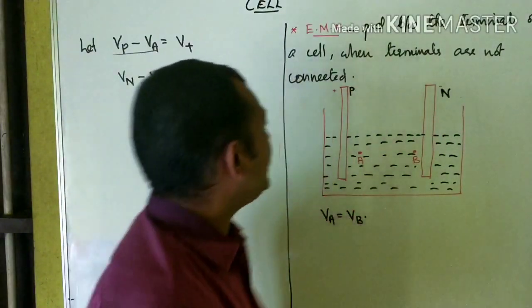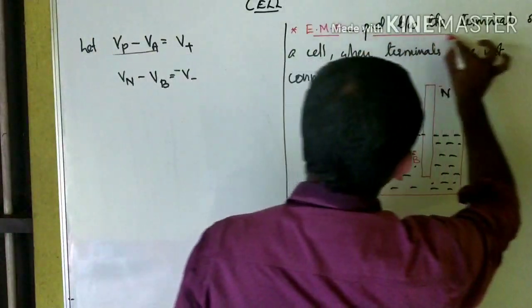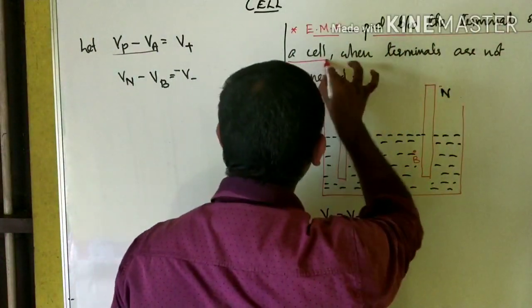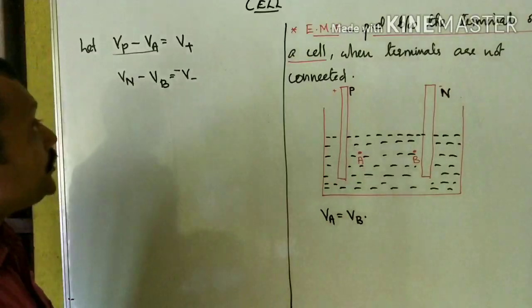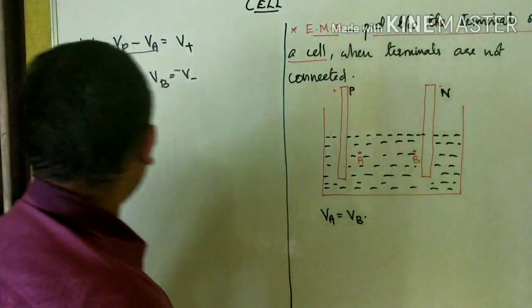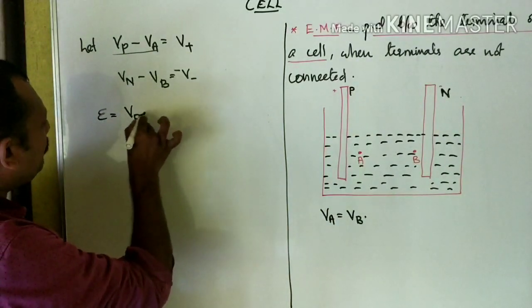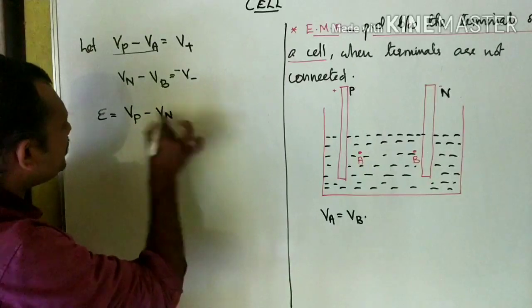Okay. Now what is the definition of EMF of the cell? It is the potential difference between the terminals of a cell when the terminals are not connected. The EMF epsilon is equal to Vp minus Vn. That is the definition, right?